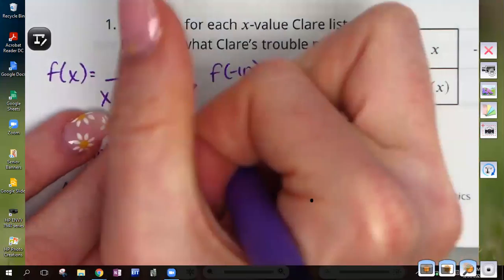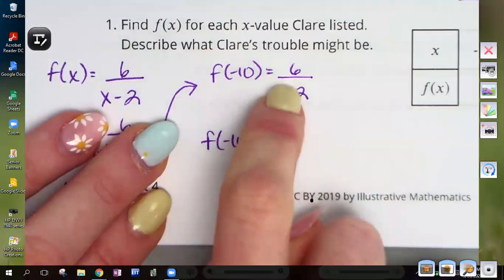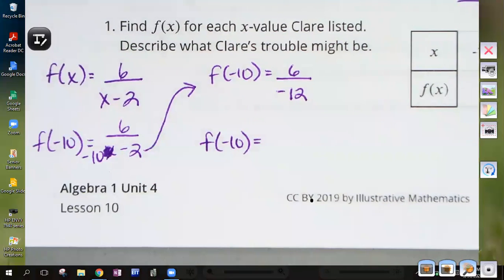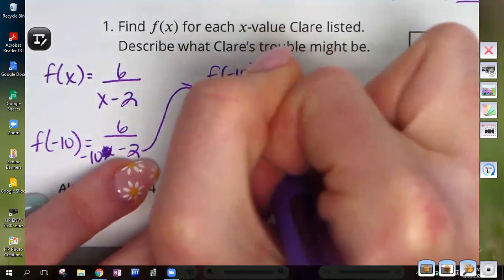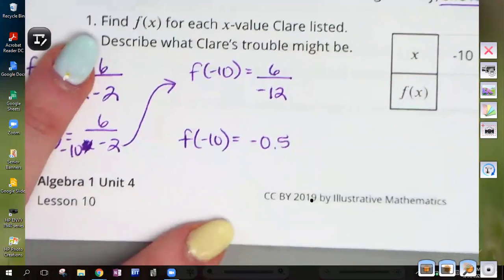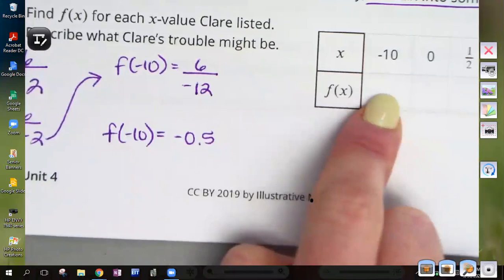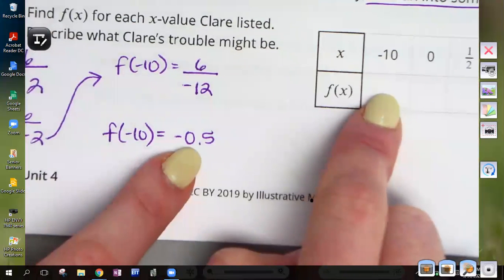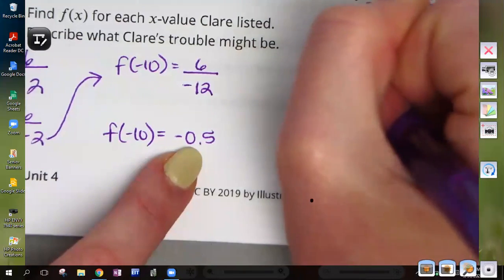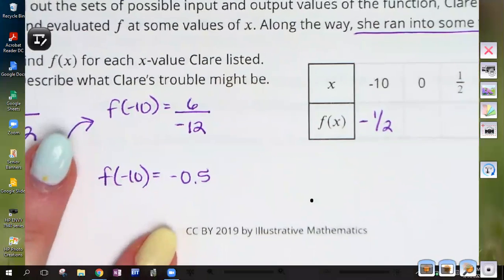No, it just stays f of -10. Okay, what's 6 divided by -12? Use your calculator. Negative 0.5. -0.5, -1/2, whichever one you got. Okay, so when our x is -10, our f of x or our y value is -1/2, or -0.5, whichever one you want to draw.